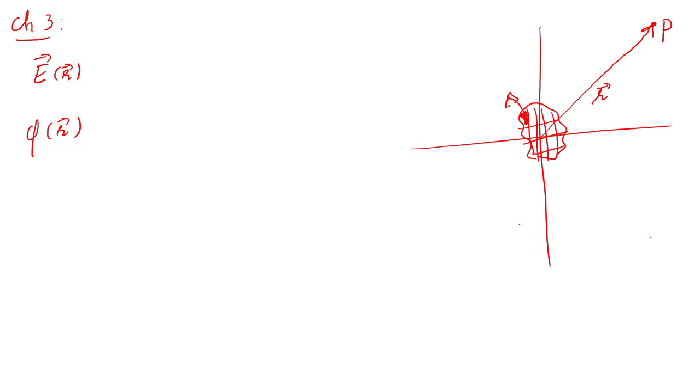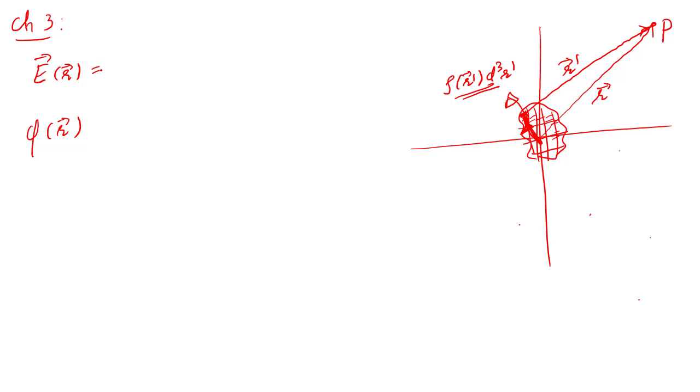So the total charge in this region is rho of r prime, where r prime is the vector from the origin to that particular point, times the volume d cube r prime. And this distance from that cell to P is r prime. So when we are summing up the contributions of each of these cells, we are essentially integrating over this.